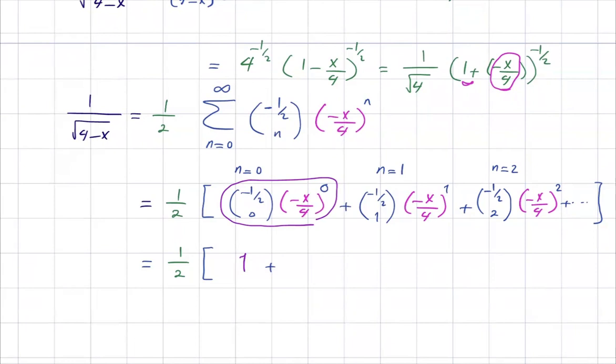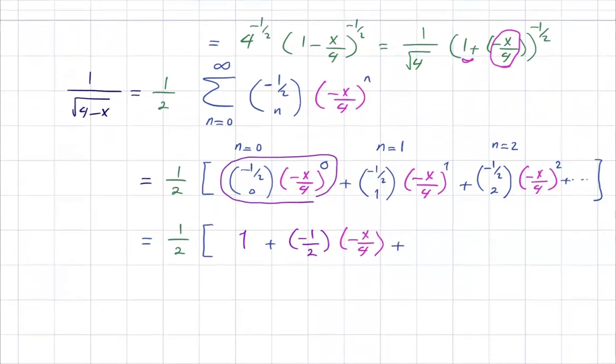So you get negative a half back, times negative x divided by 4. Plus, let's go to the next. You have negative a half times negative 3/2 over 2 factorial, and you get x squared divided by 16. And you continue this process.